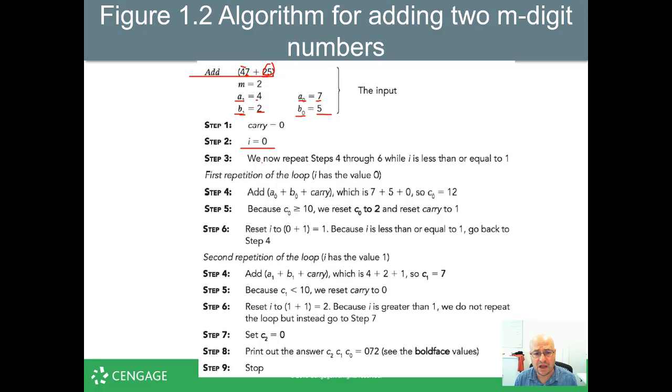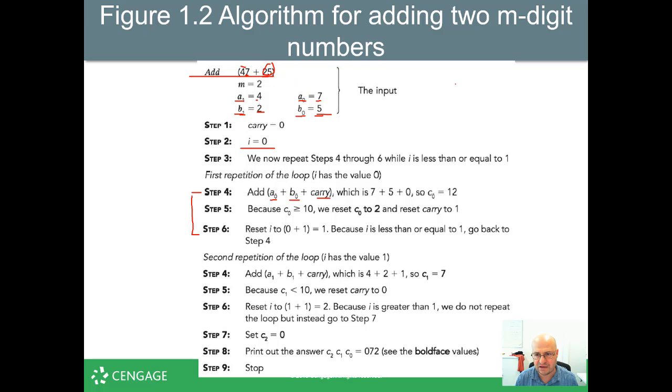Then is the iteration. We now repeat steps 4 through 6, while I is less than or equal to 1. First repetition of the loop, I has the value 0, so you add a0 plus b0 plus carry, which is what? 7 plus 5.